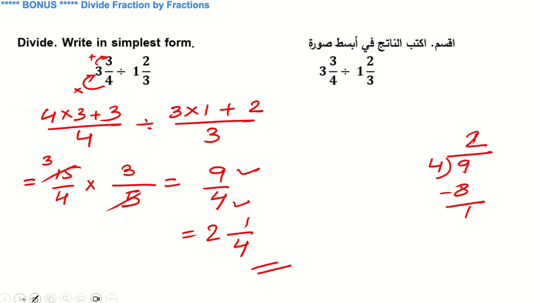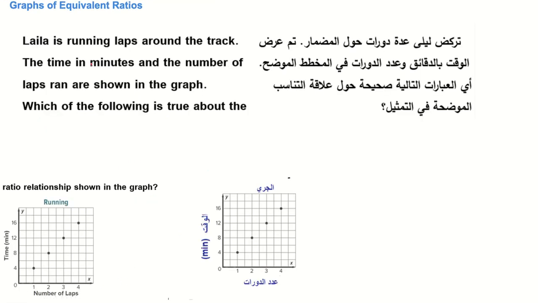Now the next question can be: Leila is running laps around the track. The time in minutes and the number of laps run are shown in the graph. Which of the following is true about the ratio relationship? Now I think this question is incomplete. No problem. See, what are the different possibilities for this question? Like in 1 minute, how much is she running? 4 minutes for 1 lap.